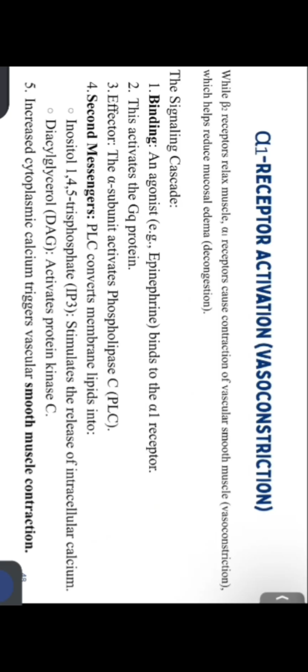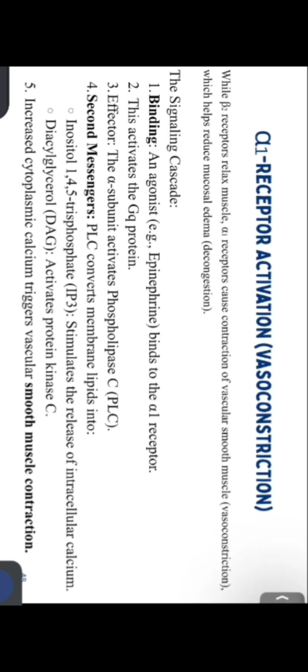And for alpha 1 receptor activation, vasoconstriction. While beta 2 receptors relax muscles, alpha 1 receptors cause contraction of vascular smooth muscle, causing vasoconstriction, which helps reduce mucosal edema or congestion. So the signaling cascade of the alpha 1 receptor: an agonist, for example epinephrine, binds to the alpha 1 receptor. This leads to the activation of the Gq protein.